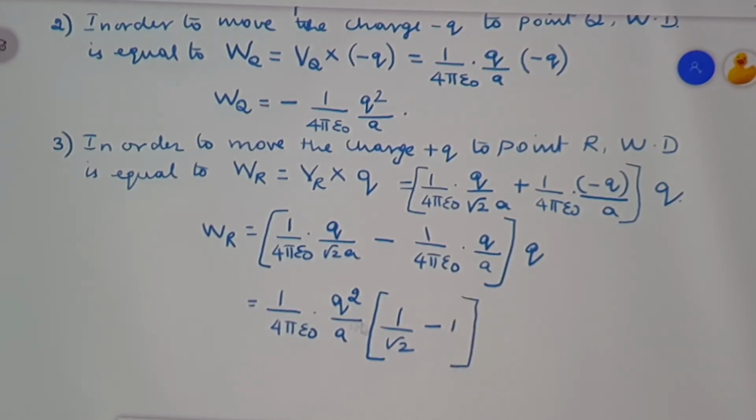So you will be getting W of R, the work done to bring the charge to the point R, as 1 divided by 4 pi epsilon 0 into q square divided by a into 1 divided by root 2 minus 1. Okay, this is the third work done.